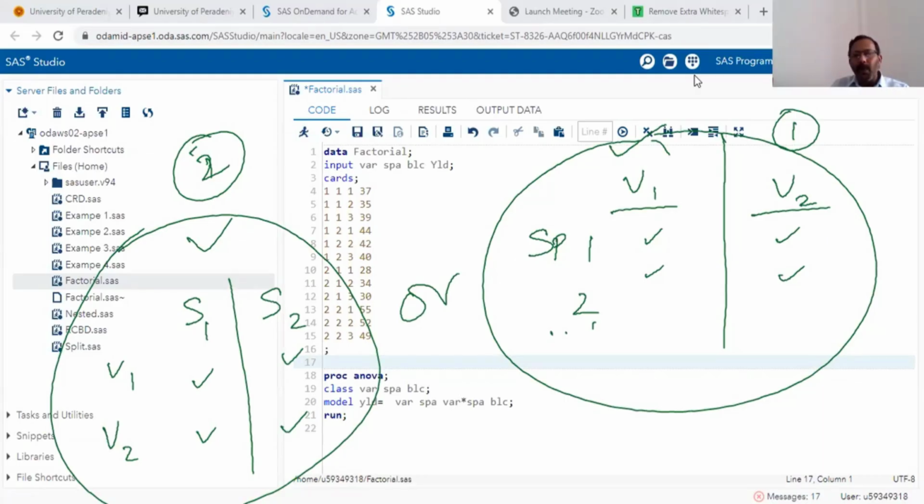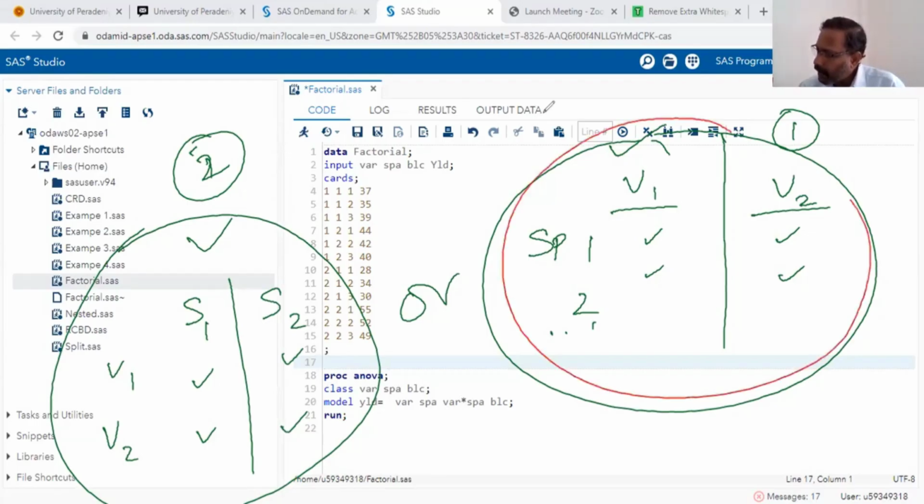That is much more meaningful, isn't it? If you take variety 1, this spacing is good. If you take variety 2, this spacing is good. That is more meaningful than saying if you take the spacing, this variety is good for that spacing, and for the second spacing, this variety is good. So that is not as good. This way of explaining is good.